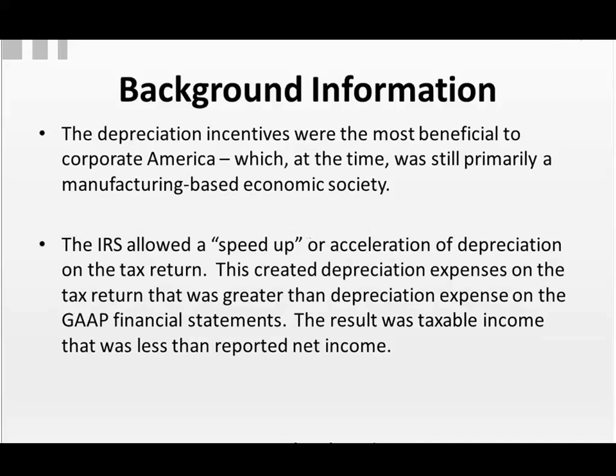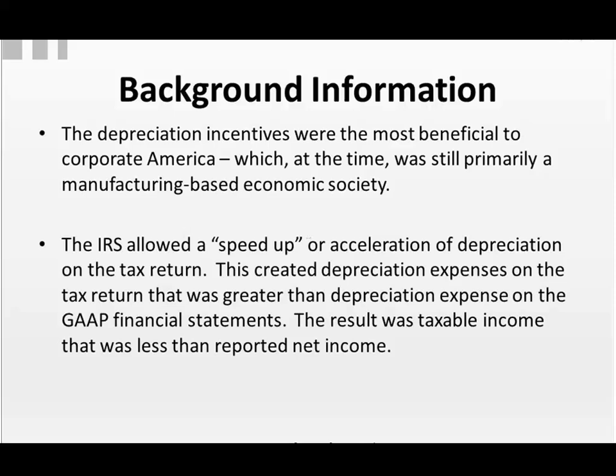Remember, we were primarily a manufacturing-based economic society back then. We're not now. Now we're consumer-oriented. It's entirely different. So the speed-up or acceleration of the depreciation created depreciation expense on the tax return that was much higher than the depreciation expense on the GAAP financial statements. So that resulted in taxable income that was lower than the reported net income. Hence our first big problem here.